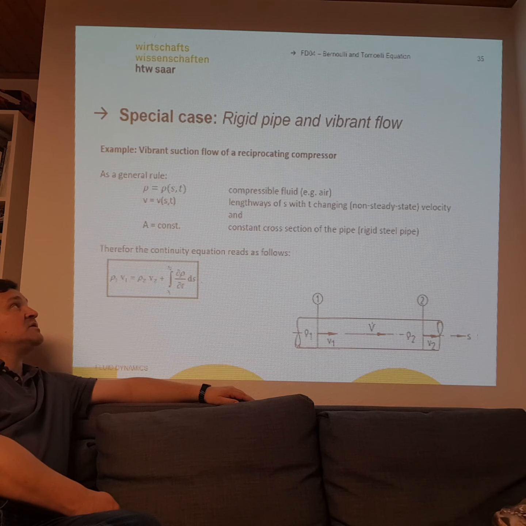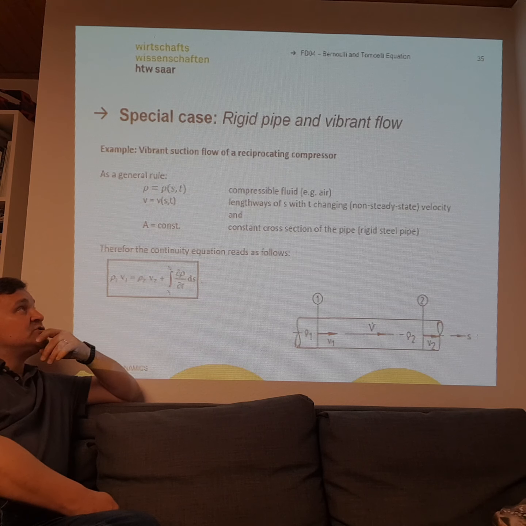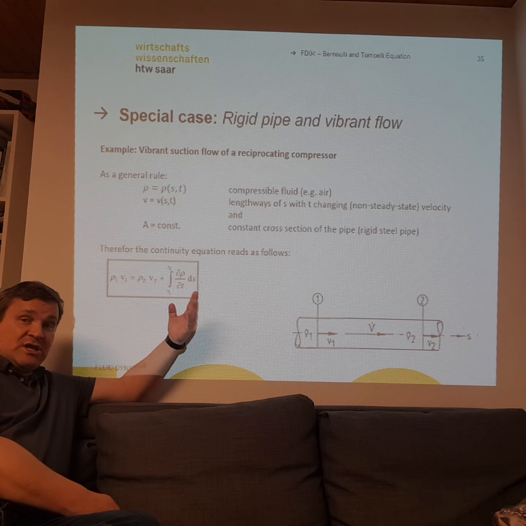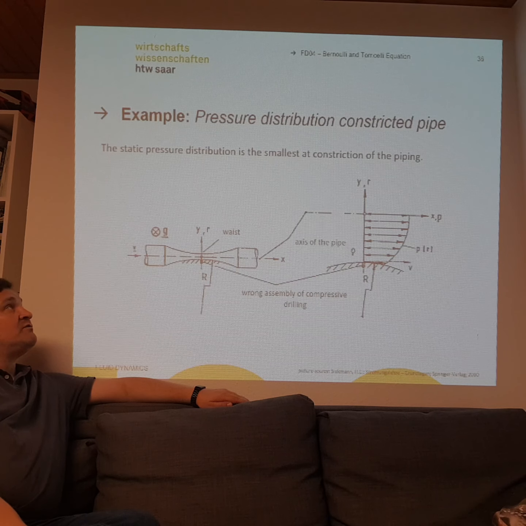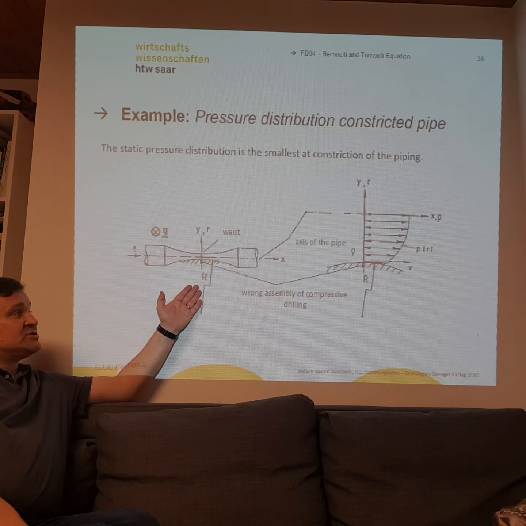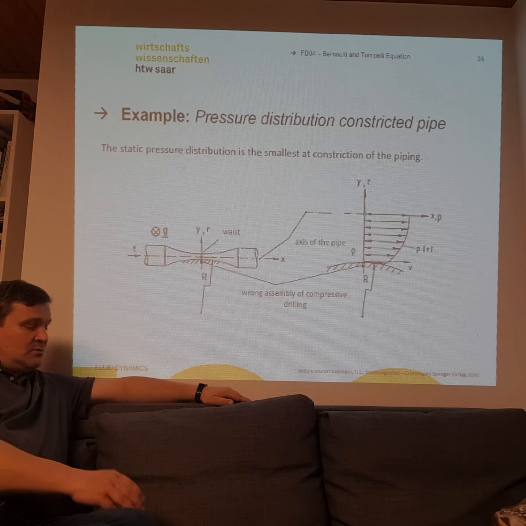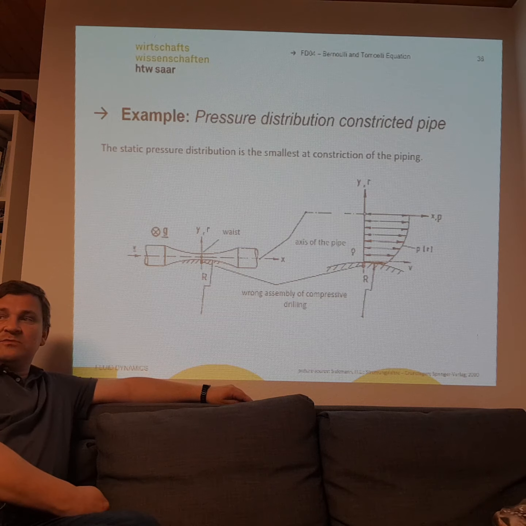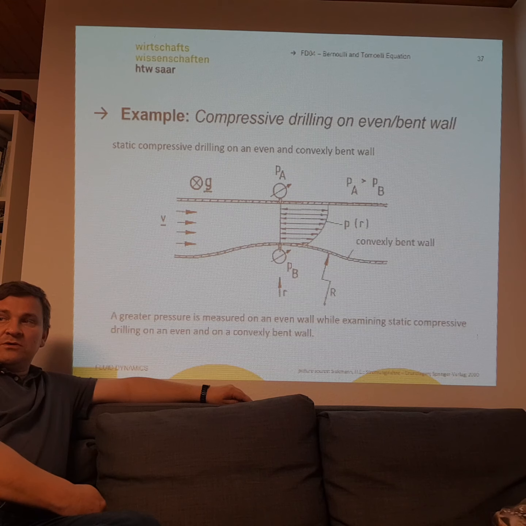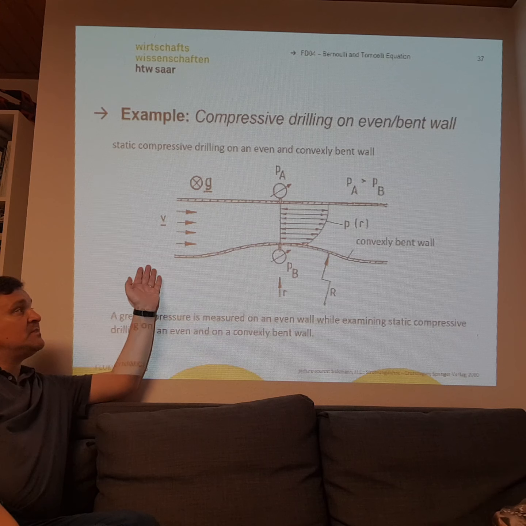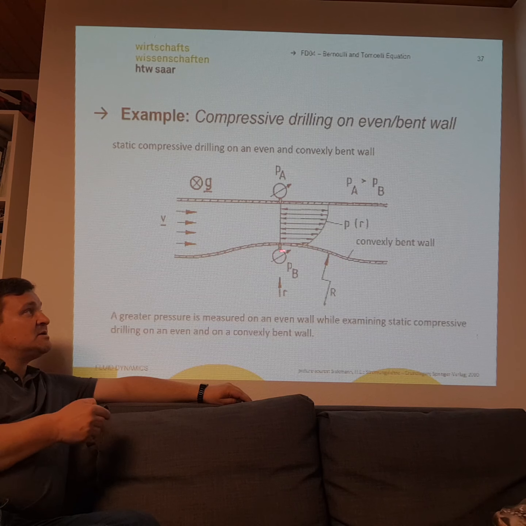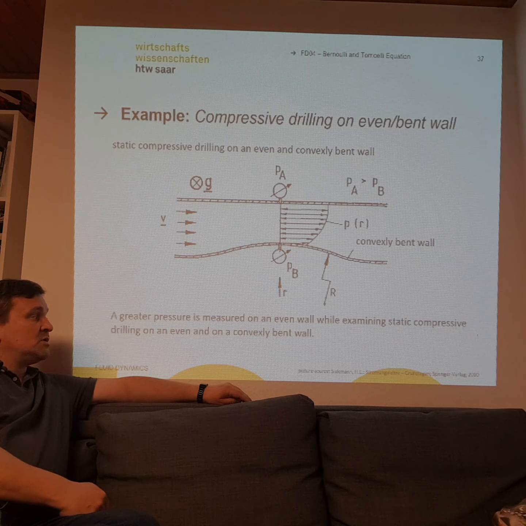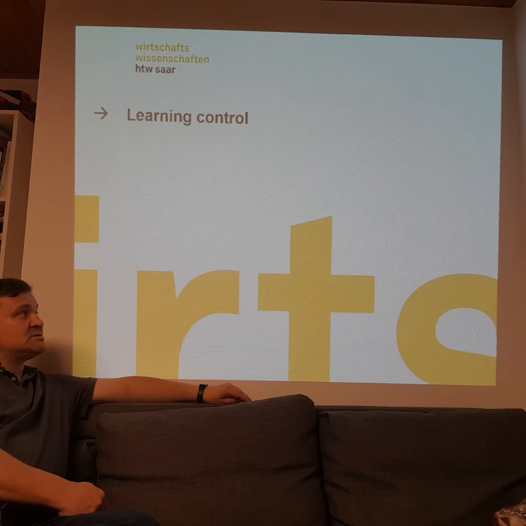Or if you have a rigid pipe or vibrating flow, we will have special cases, an entry by vibration, or a pressure distribution inside the pipe, and unusual flow phenomena. Or something like a driving belt, a conveying band, or a rubber band, where you can also have pressure differences.